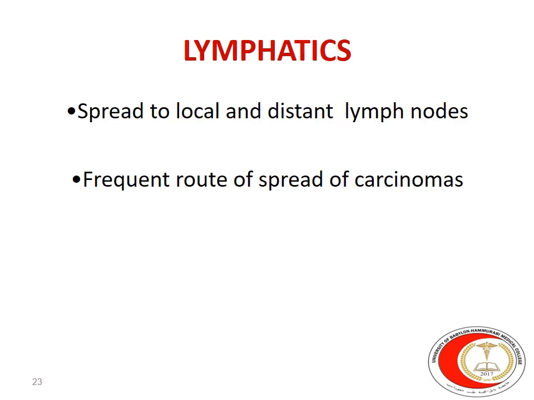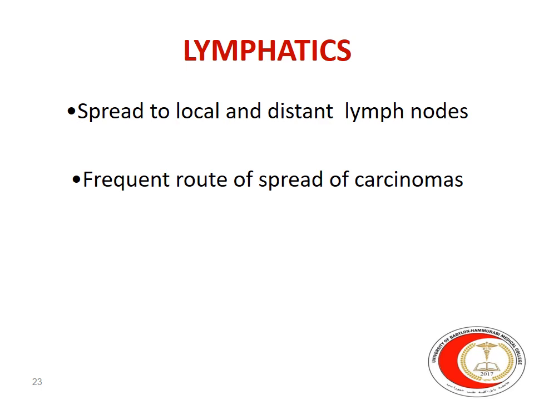Through the lymphatics, it could be by the lymphatic channels either to the local lymph nodes or distant lymph nodes. Secondary metastasis reaches either local lymph nodes or distant lymph nodes, and usually lymphatic spread is a common route for the spread of carcinoma.